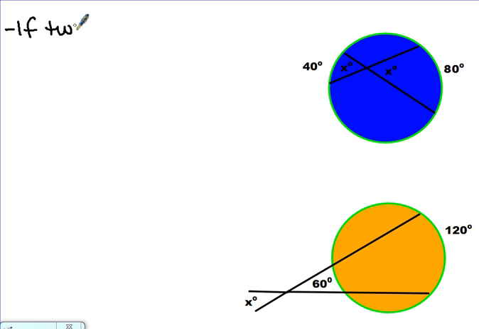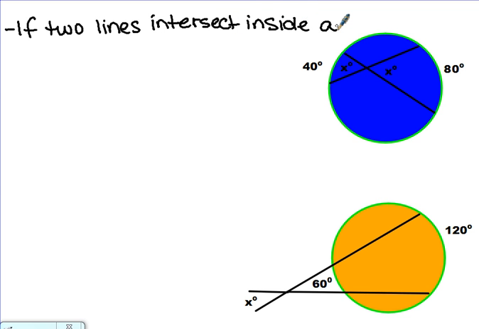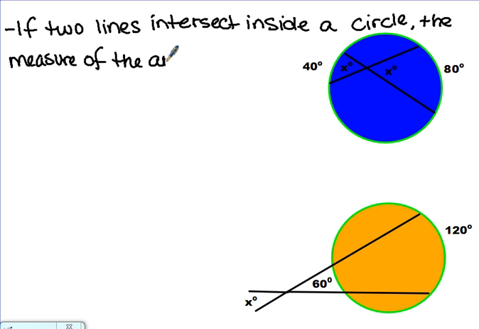If two lines intersect inside a circle, the measure of the angles formed, in this case angles x, the ones we're looking for, equals half the sum of their arcs.